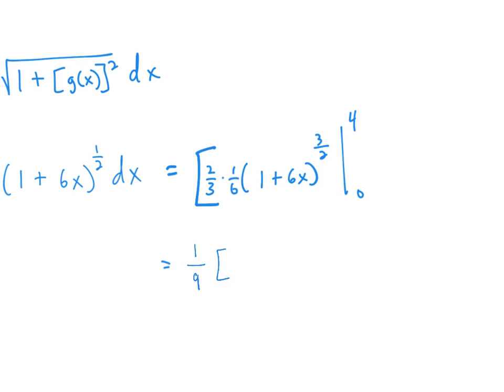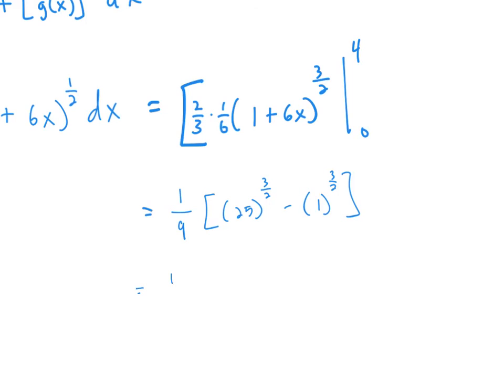All right, and then we'll plug in 4. So we'll have 25 to the 3/2 minus, and then plug in 0, so we'll have 1 to the 3/2. 25 to the 3/2, so square root of 25 is 5. 5 cubed is 125.